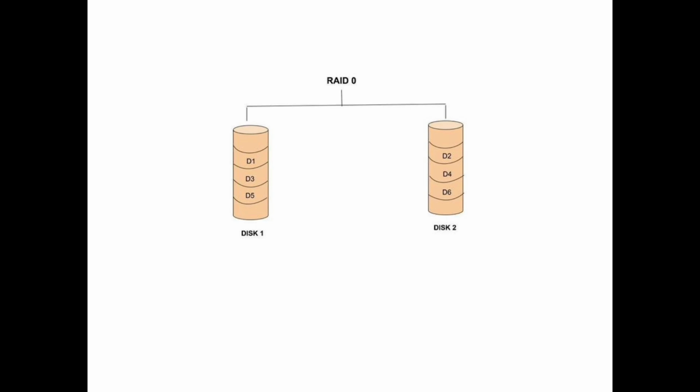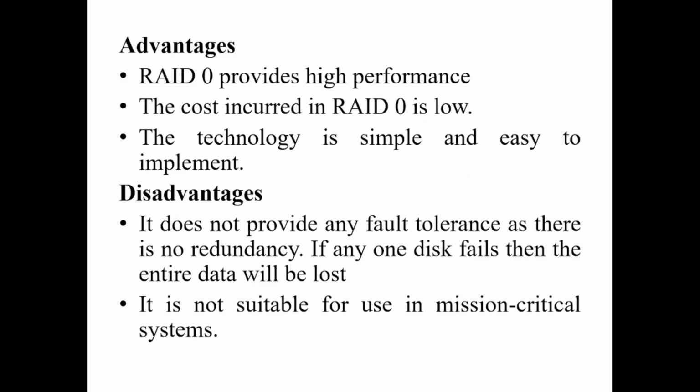As an example, suppose you have two disks, and your data is divided between disk 1 and disk 2. Both disks work at the same time, so it becomes faster. The major problem in RAID 0 is that if one disk fails, all data is lost.